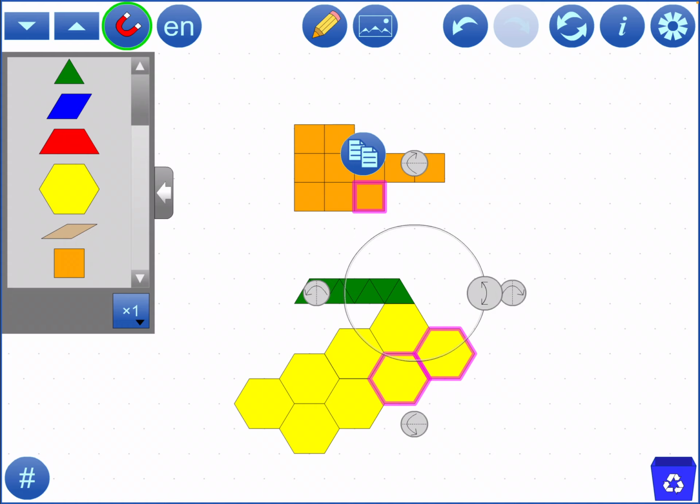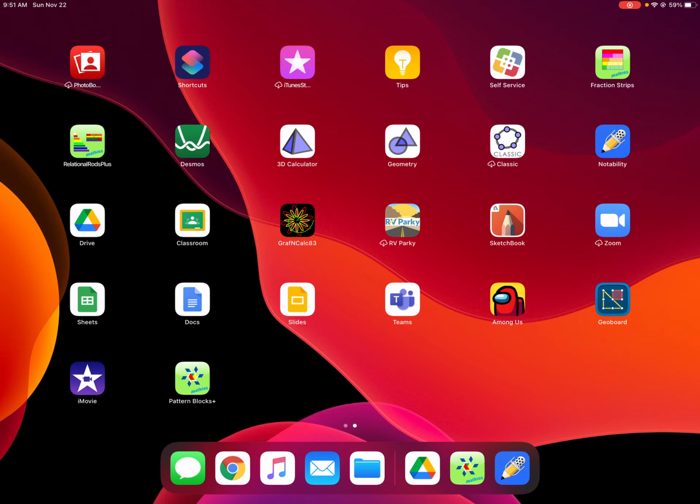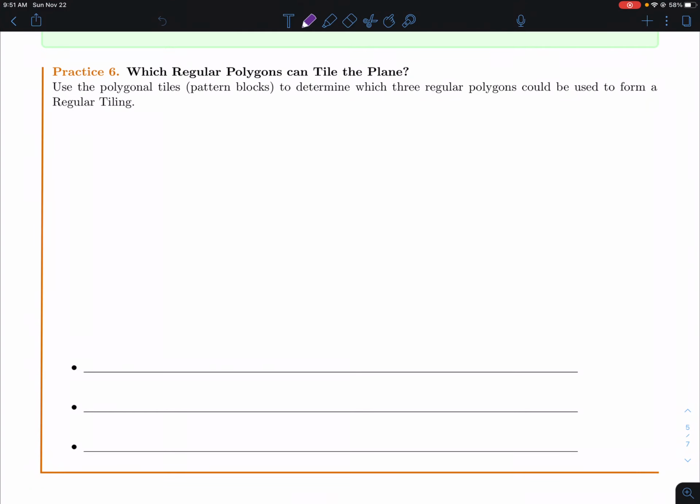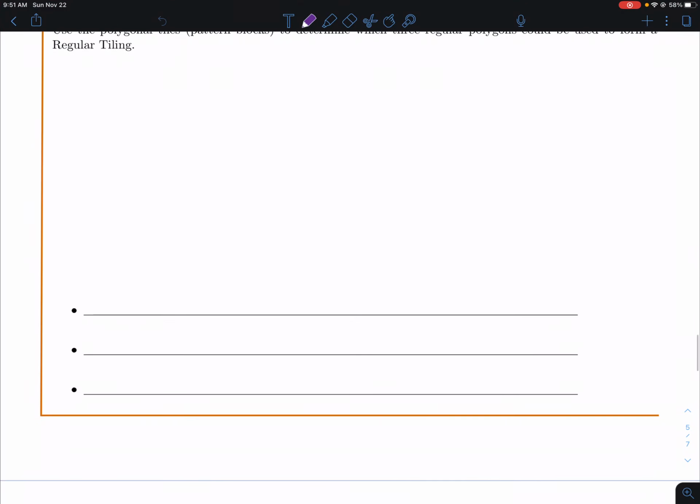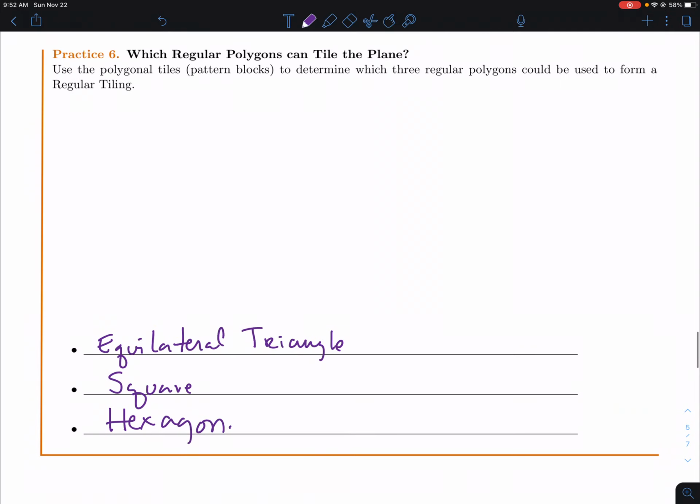So jot that down, that's a good thing to know. Those are going to be the 3 answers at the bottom: equilateral triangle, square, and hexagon. Those are our only possible choices.